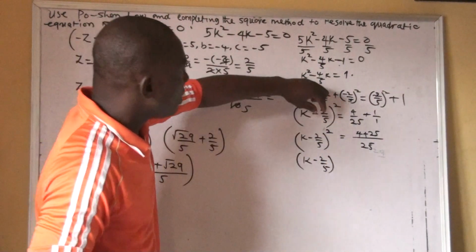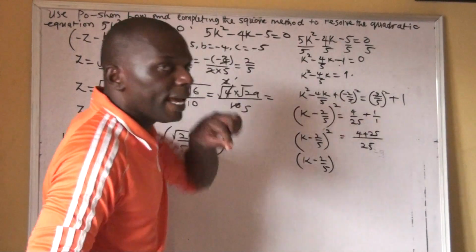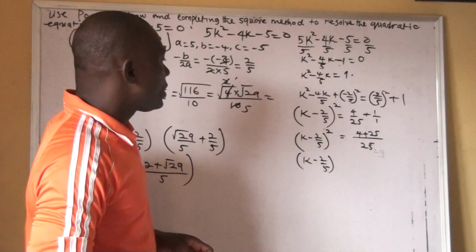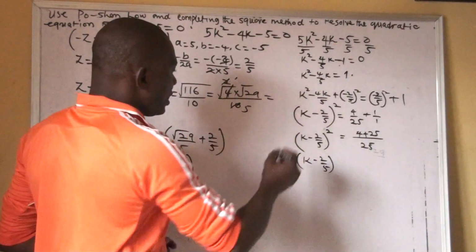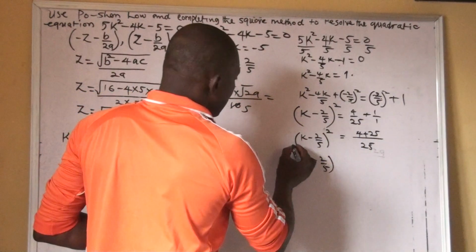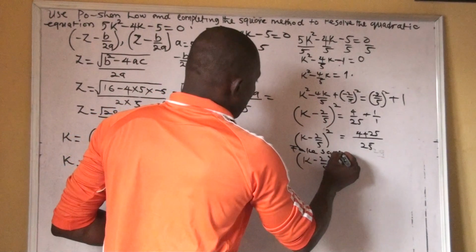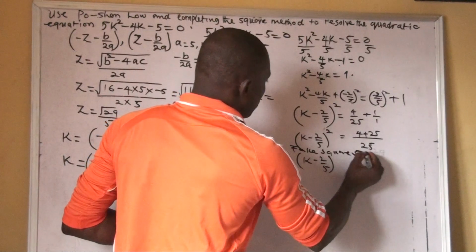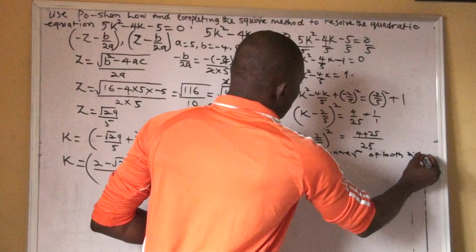Okay, the next thing we need to do is to get rid of this square here. And what do we need to do? We take the square root of both sides.